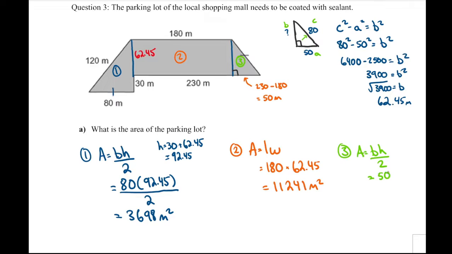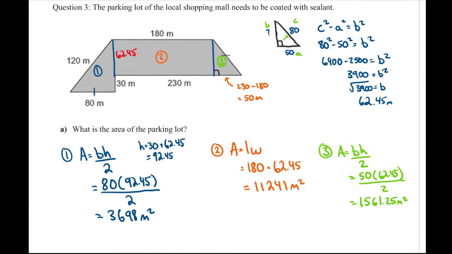The base is 50, multiplied by the height, which we've calculated to be 62.45. Divide all that by 2. And we get an area of 1,561.25 meters squared.